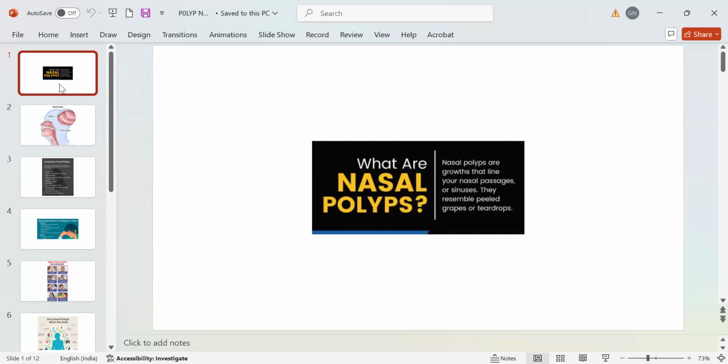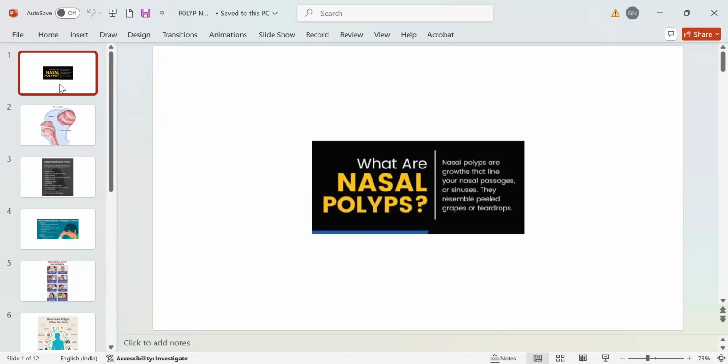Nasal polyps can get irritated and swollen, which makes breathing difficult. So the person who has a polyp will have a breathing problem also. Then it is confused with asthma or a chest infection. You may think he has a chest infection or some other breathing problem, but a person who has a big polyp or small multiple polyps can have a breathing problem.